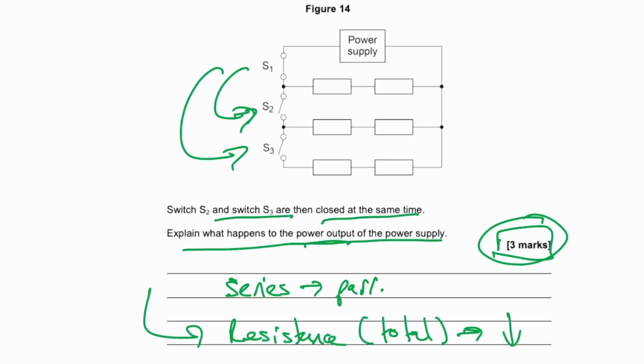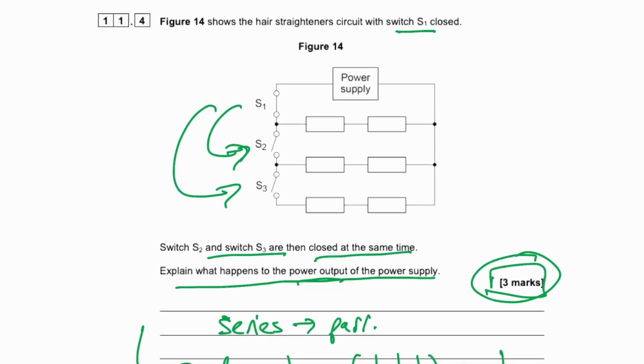And you do need to be able to explain that qualitatively, not necessarily quantitatively. What does that mean? They're not going to ask you to do a calculation here to show what happens to the power output, but you need to be able to explain it by explaining what happens when you add more branches or go from a series circuit to a parallel circuit. Just like we said, the resistance decreases. And why is that? In a series circuit, if we just had this top loop, the current would have one path to go down. When we add more branches, we're giving the current extra paths to flow down.